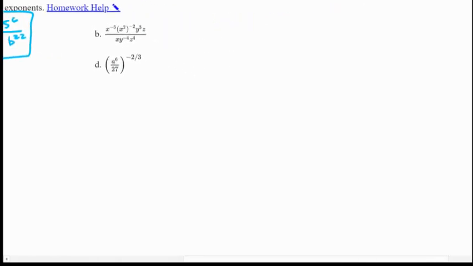For b here, I'm going to multiply all the numerator together first and then the denominator, and then we'll see what we can simplify from there. So in this one, distribute this exponent. So x to the power of negative 3 times x to the power of negative 4, y to the power of 3, z, which when I put these together, we get x to the power of negative 7, y to the power of 3, z to the power of 1.